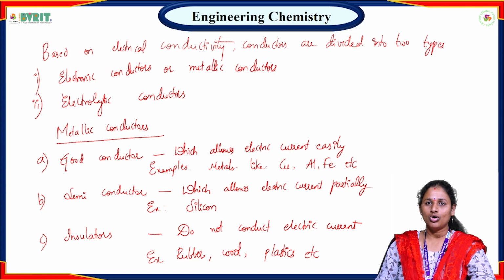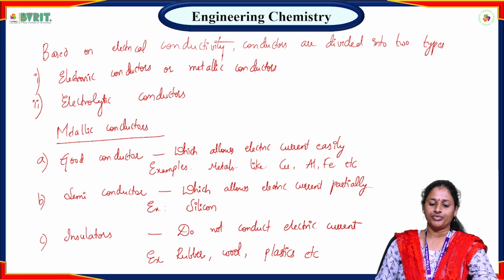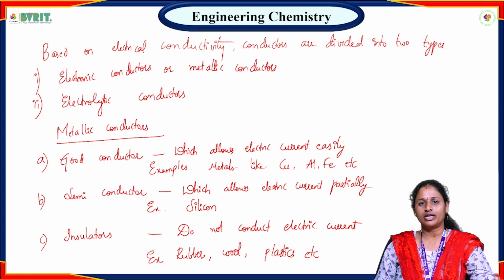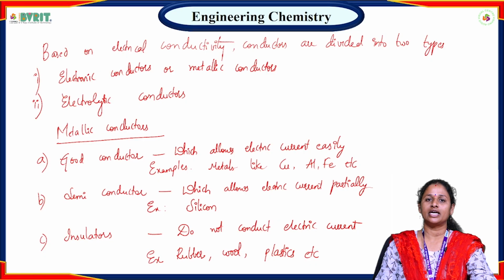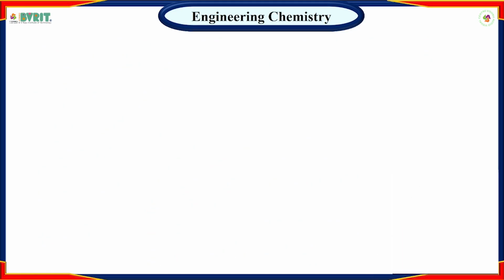Semiconductors which can allow electric current partially like silicon which conducts the electricity by doping. Insulators do not conduct electric current, rubber, wool and plastics which are not at all participating in the conduction of electricity.